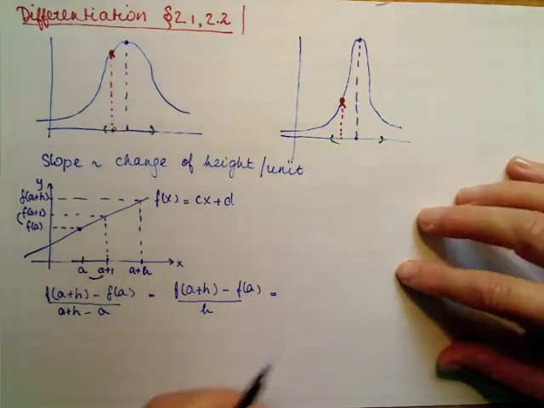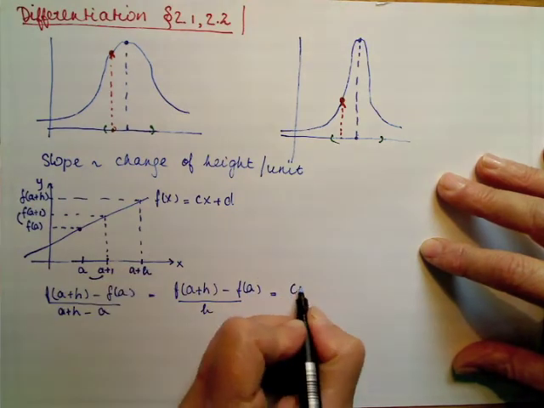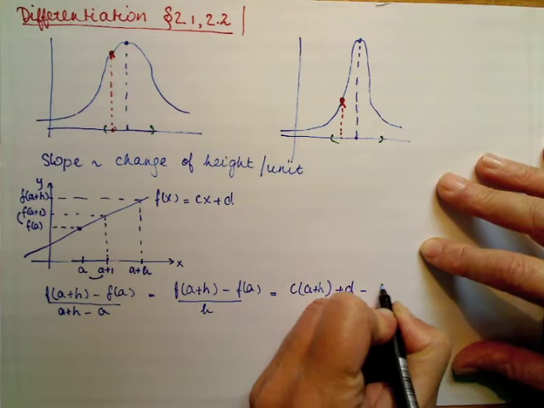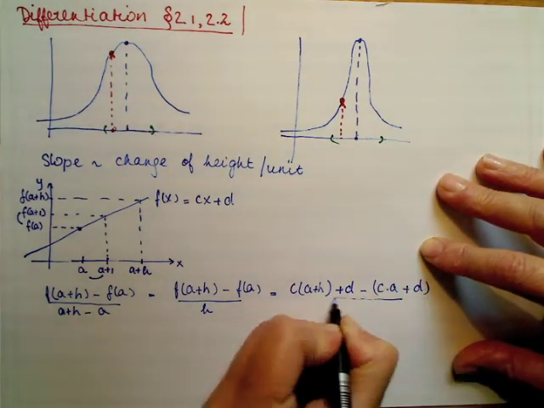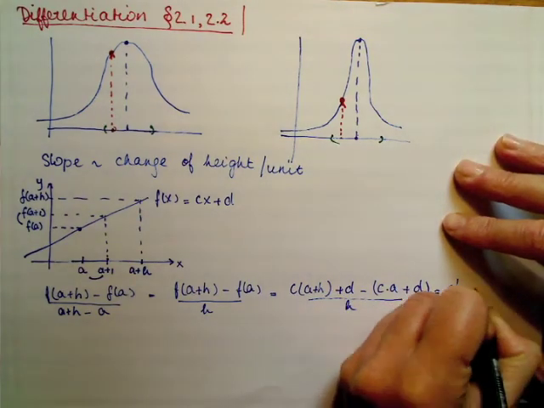If we plug in the formula for our linear function, we get c times (a plus h) plus d minus (c times a plus d), and what we are left with is c times h divided by h equals c.